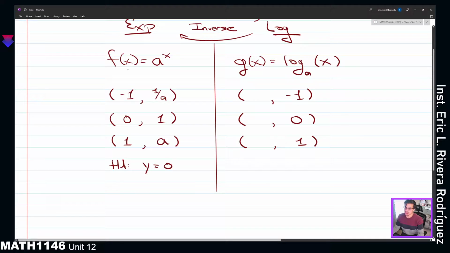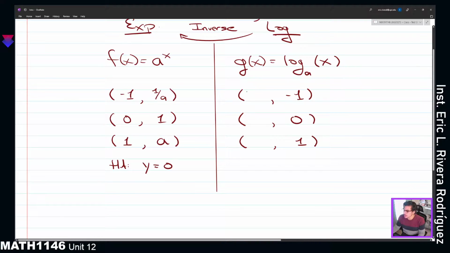So sometimes it is good to work with the exponential function that relates to that logarithmic function, calculating those key points from the exponential function, and then just flipping the coordinates. So the x goes to the second entry and the y goes to the first entry to get the key point of the logarithmic function, because they are inverse. We can do that because they are inverse to each other.